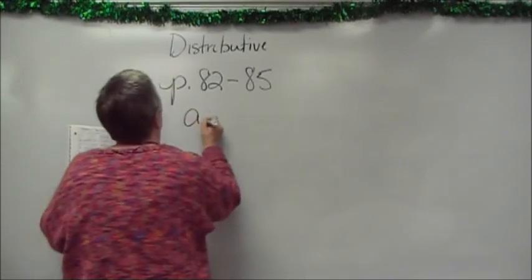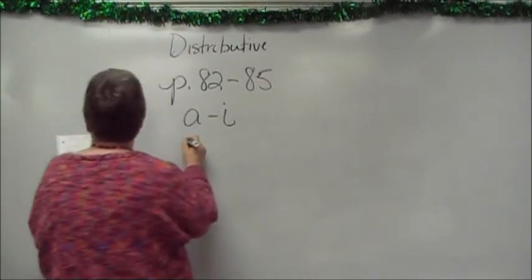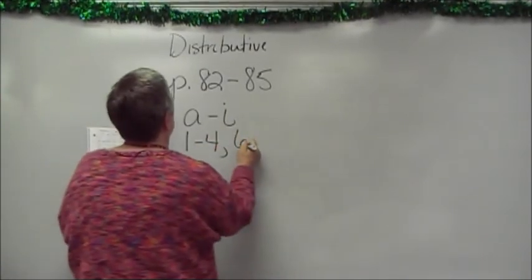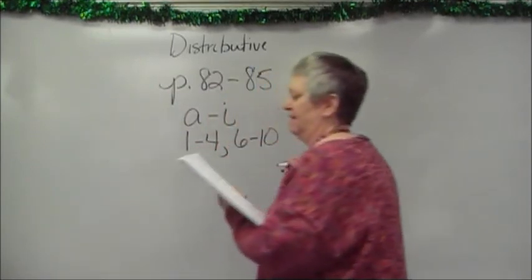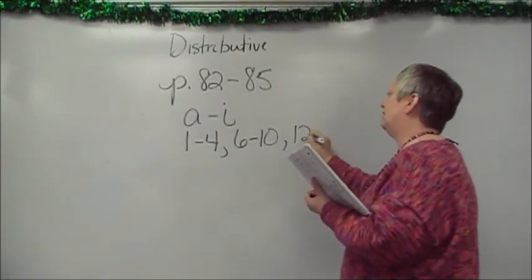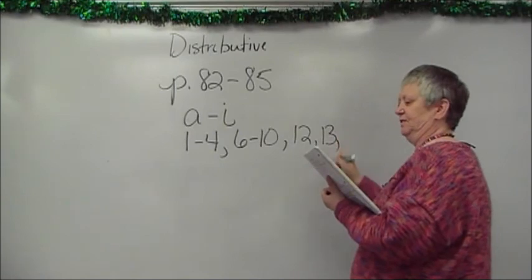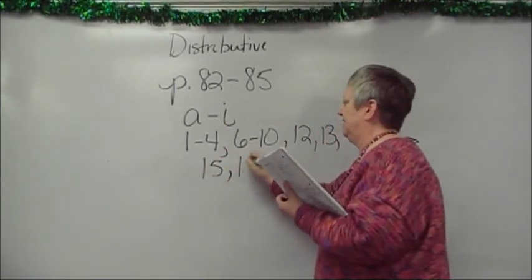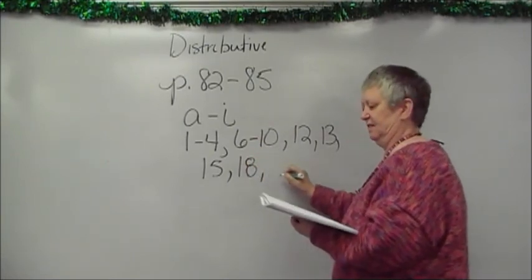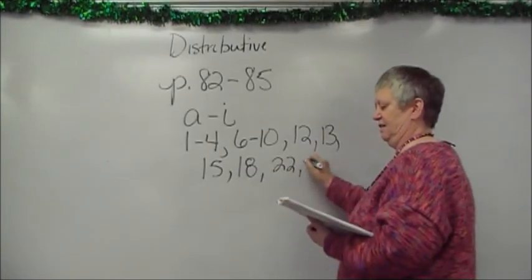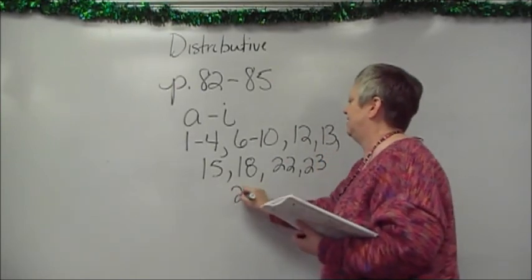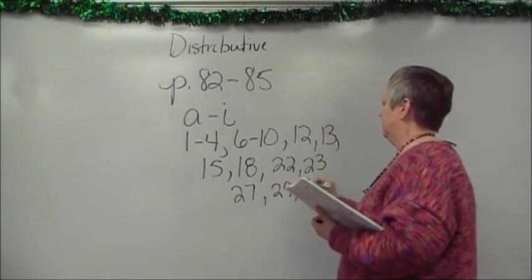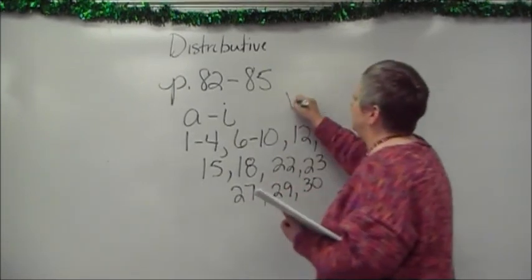I want you to do A through I. Then we're going to just break it up a bit. 1 through 4, 6 through 10, then 12 and 13, 15, 18, 22, 23, 27, 29, and 30. This gives you 18 problems.